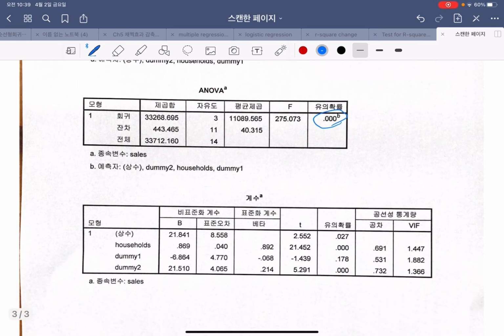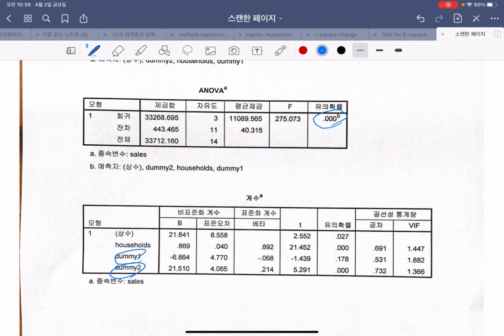Now let's look at the coefficient table. This one is the main thing that you need to understand here. We have 2 dummies, so basically your regression equation looks like this.